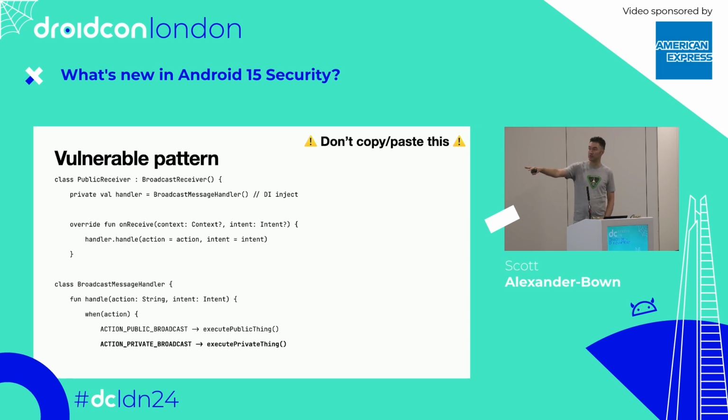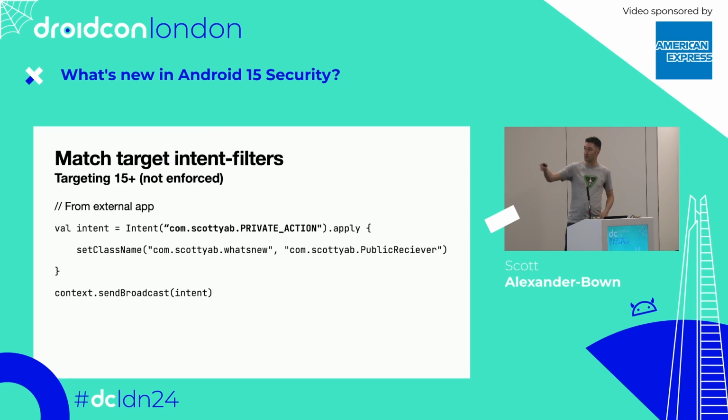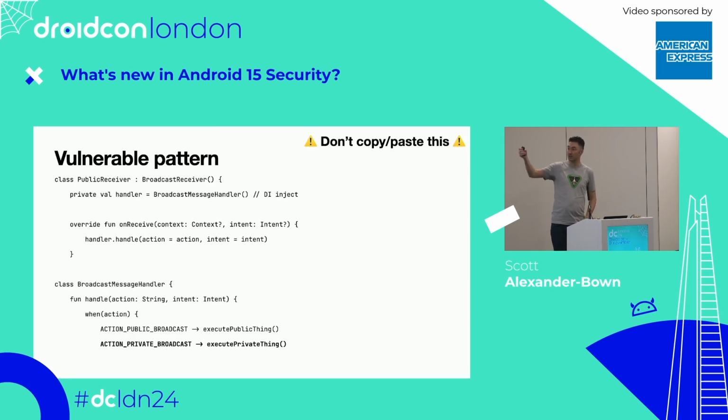The issue comes with the handler implementation, where it's just going on the action and then executing whatever private function based on that. So I'm sending a private action to a public receiver, but this code is accidentally passing that on to the private thing. With Android 15, once it's enforced, this won't happen, because the intent won't be sent through to the broadcast receiver.